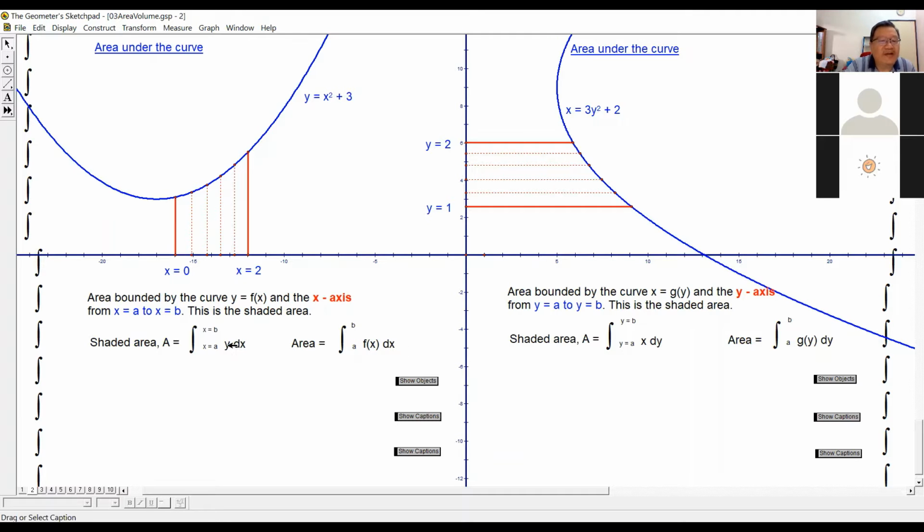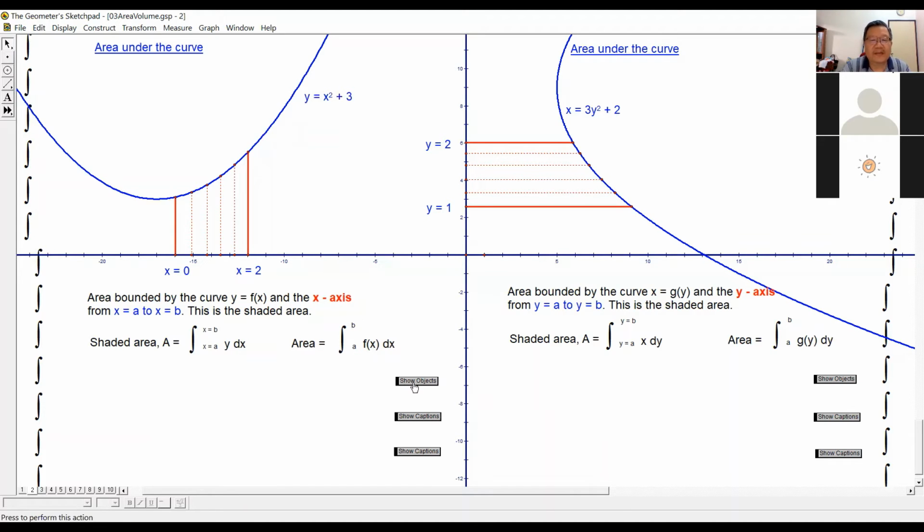So at first you will write down integrate y dx, but finally the y you have to change to x according to this equation of the curve. Okay, so finally you have to change to something like this. Everything is in terms of x.